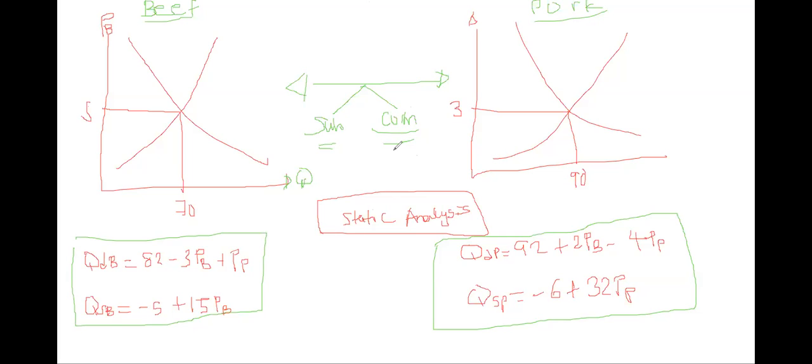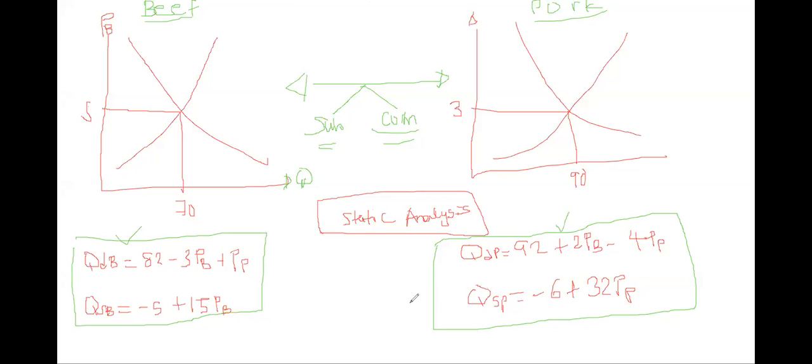So obviously beef and pork, depending on the consumer, can be substitute goods for each other. But how do we know that? Let's forget about individual preference and look at these equations. Either here or here, it can tell you whether these two goods are substitutes or not.